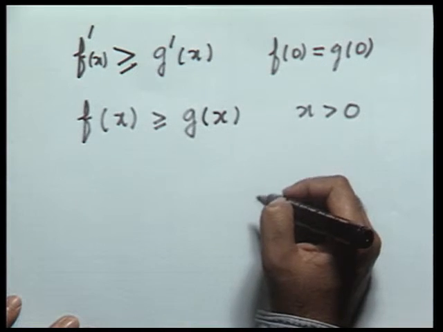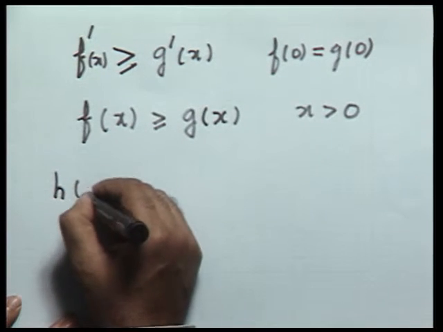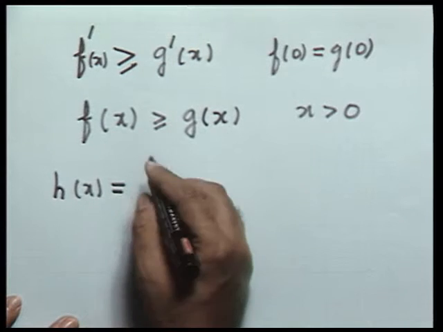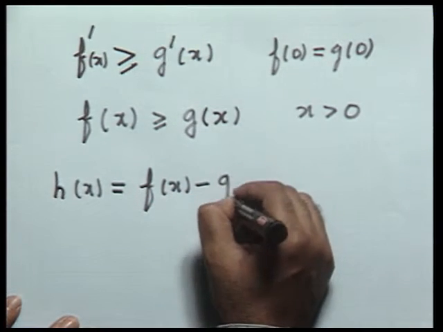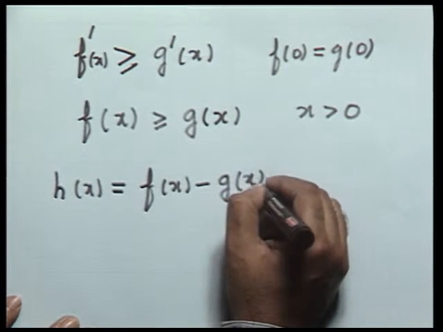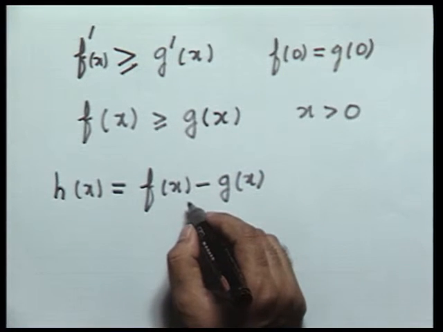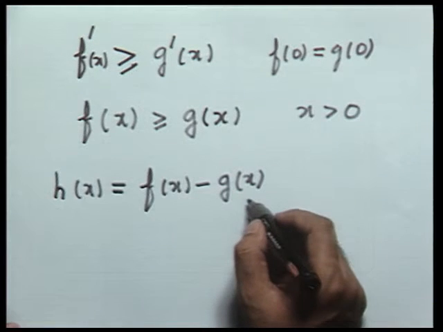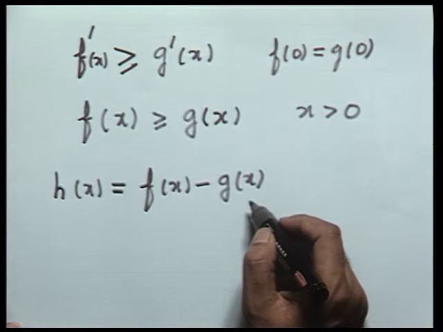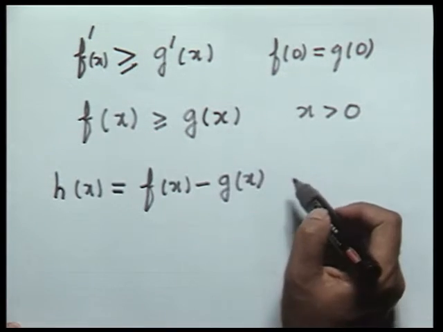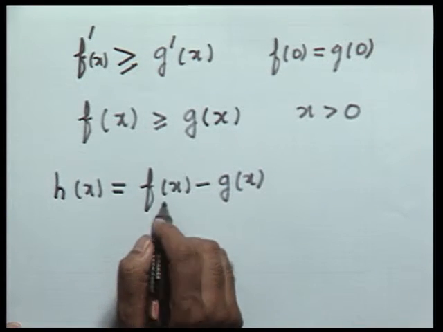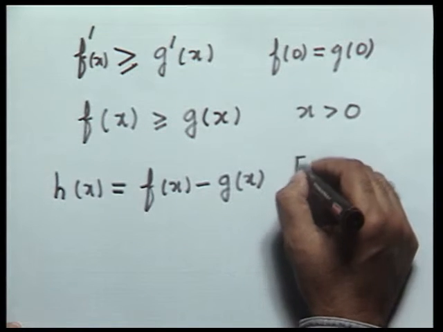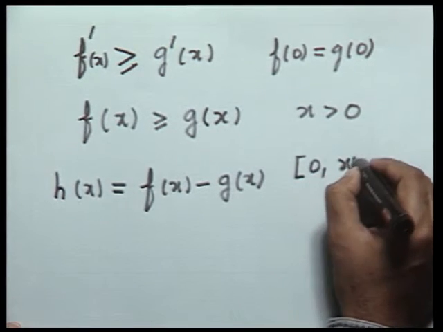How do we prove that? Well, consider the function h of x equal to f of x minus g of x. If you look at this function h of x, then you will notice that because the derivative exists on the whole real line, it satisfies the criteria of the mean value theorem in this interval 0 x.